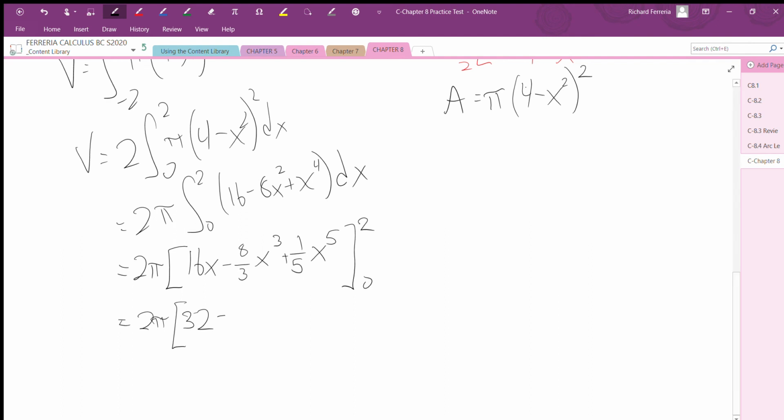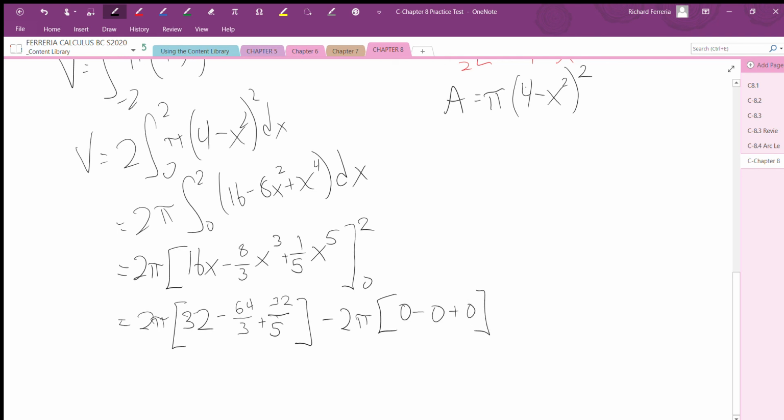We'll look at that in a minute. 2 cubed is 8, and 8 times 8 is 64, so it's 64/3 plus 2 to the 5th power, which is 32, so 32/5, minus 2 pi times 0 minus 0 plus 0.